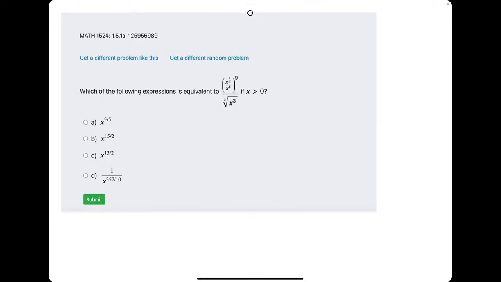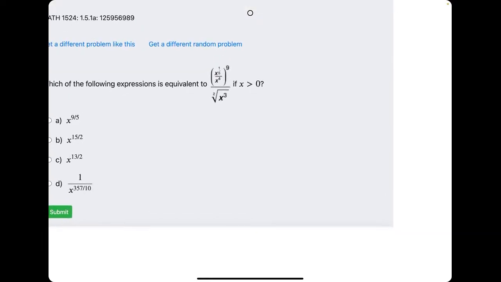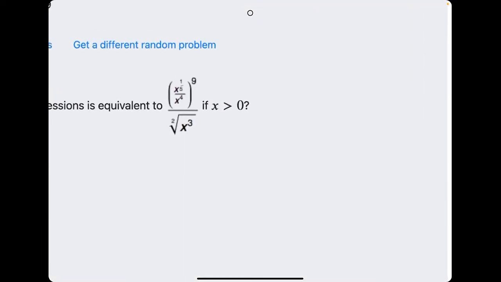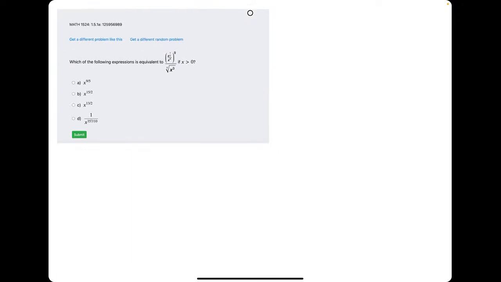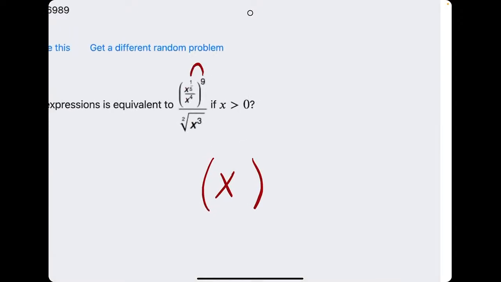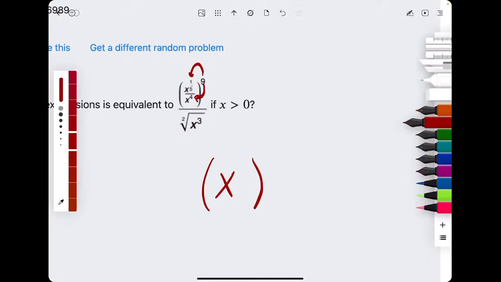So let's get started here. We are trying to simplify this expression. It looks like a nightmare, but we're going to give it our best shot. It uses a lot of exponent rules. The first thing I'm going to do is distribute this 9 to the numerator and denominator exponents.